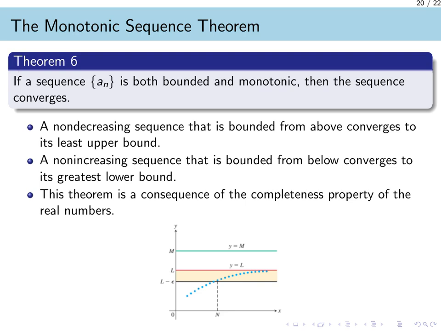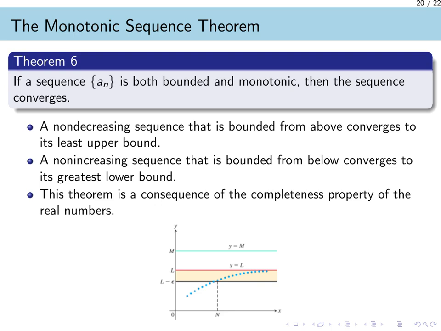A non-decreasing sequence that is bounded from above cannot grow to infinity, so it must converge. Its limit will be its least upper bound. Likewise, a non-increasing sequence that is bounded from below cannot fall to negative infinity, so it must also converge, and its limit will be its greatest lower bound.